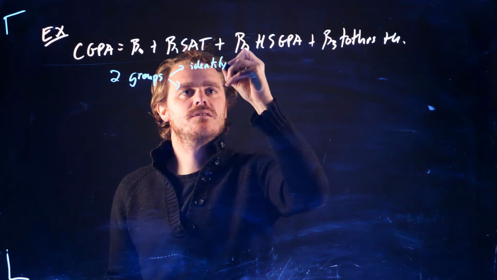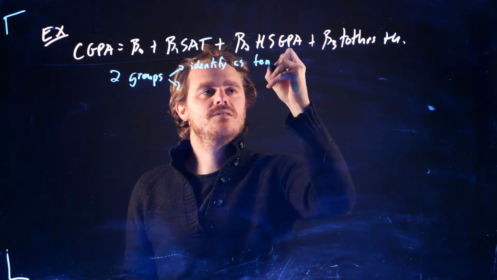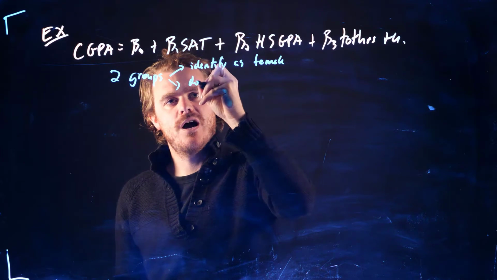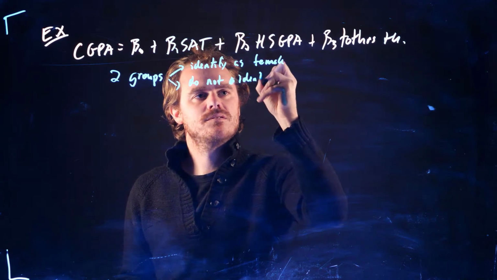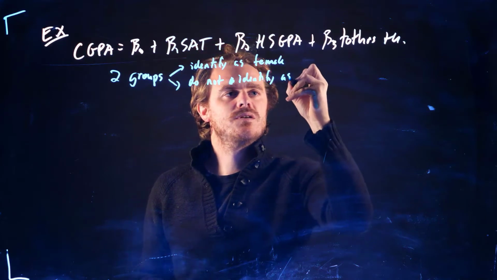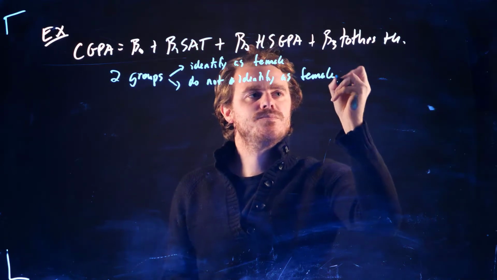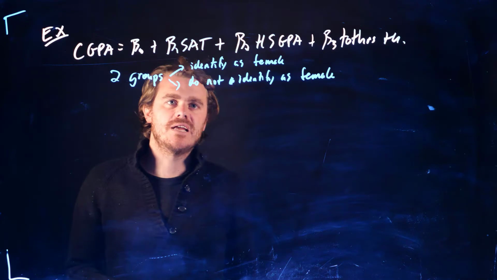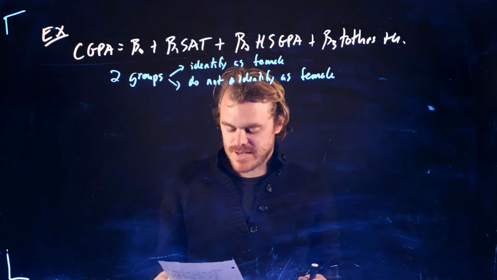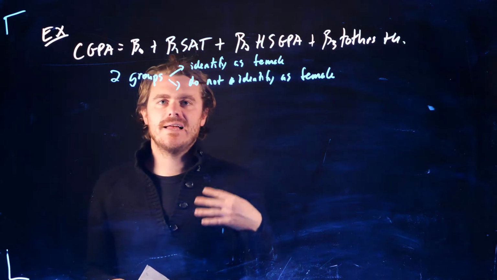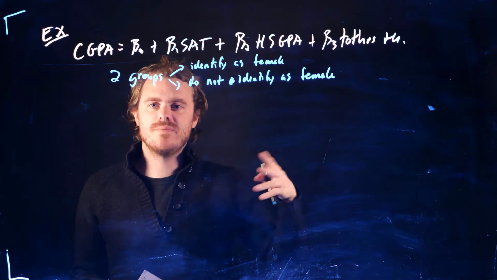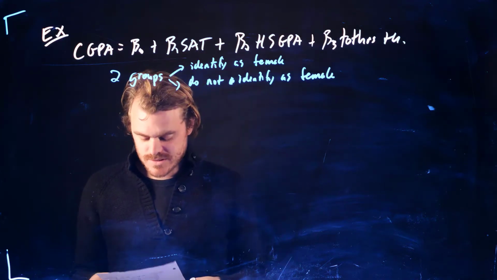Or we could do the same thing with identify as male or do not identify as male. And so here are our two groups. Let's say we want to test whether they have the same intercepts and slopes.